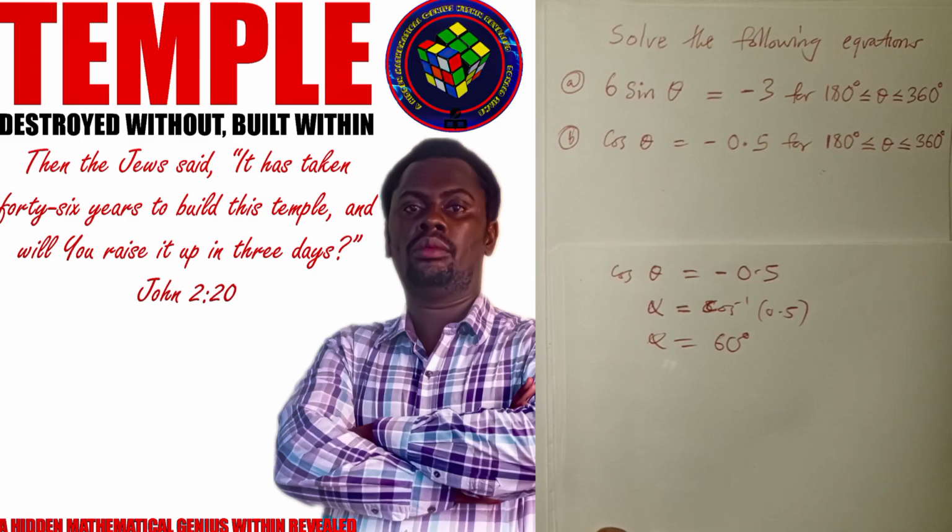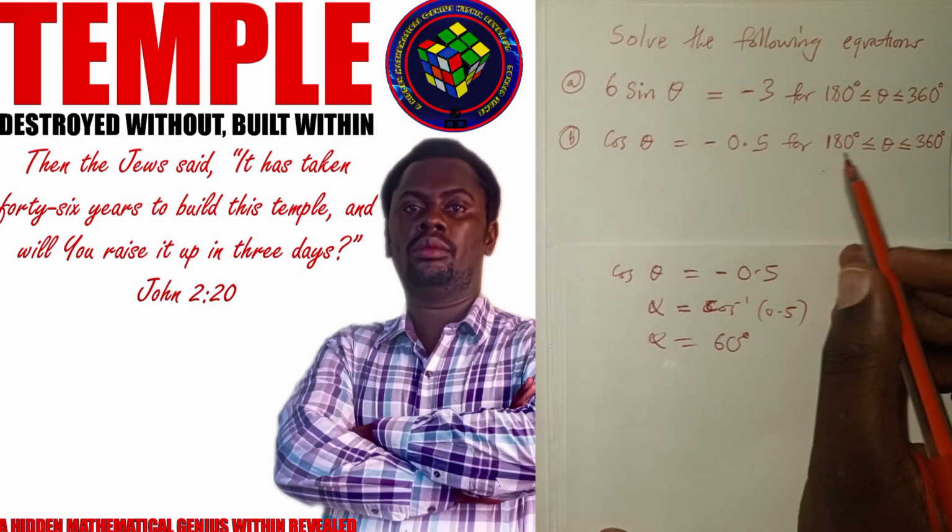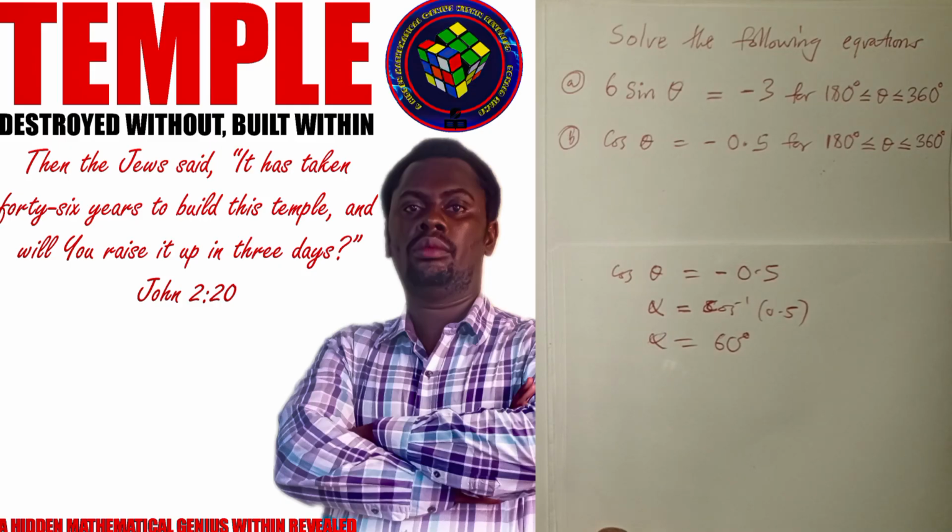Cos is negative in the second quadrant and the third quadrant. According to the solution set, from 180 to 360 degrees, this is the third and fourth quadrant. So the second quadrant is not part of the solution, and you only get one solution, in the third quadrant.